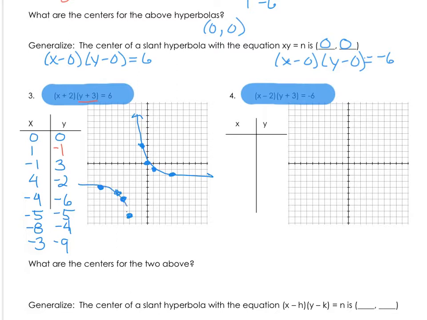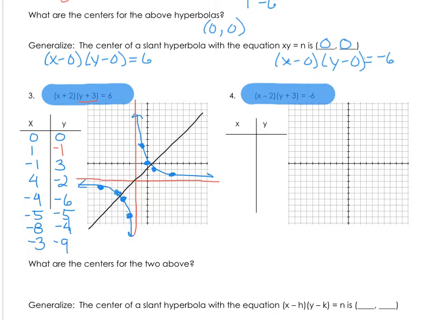And again, we have our slant hyperbola. I'm going to draw in the asymptotes. The asymptotes are right here and here. And then the axis of symmetry is going to be right here.